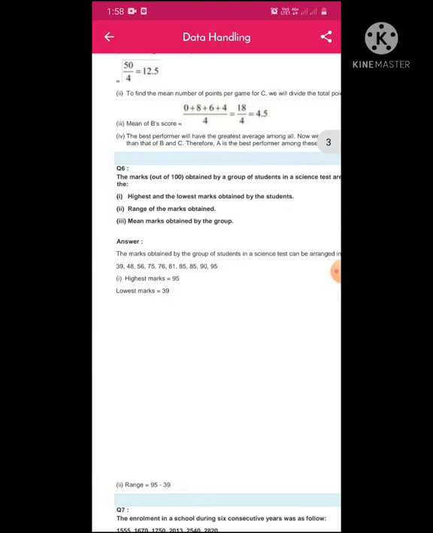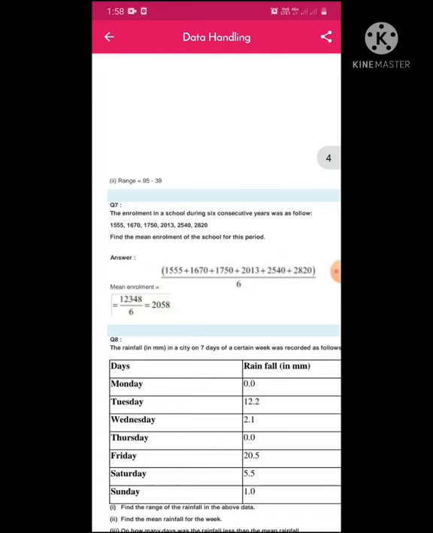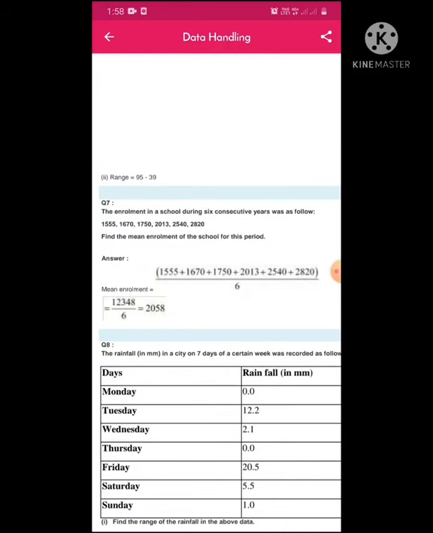See, the sixth one is also the same, highest minus lowest, that also you can do. Let us see the seventh one, the enrollment in a school during 6 consecutive years. 6 consecutive years means 6 years. Find the mean enrollment of the school for these years.